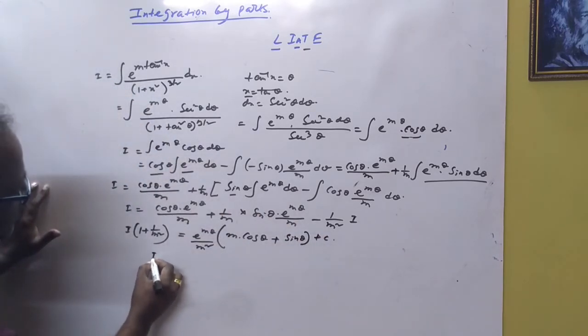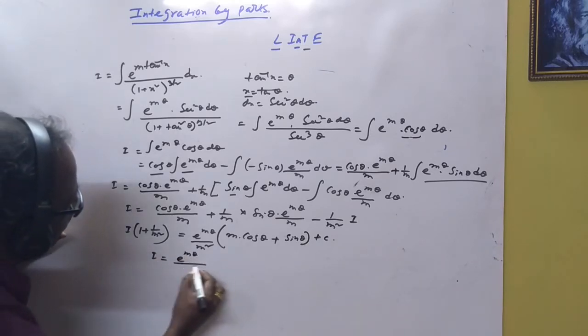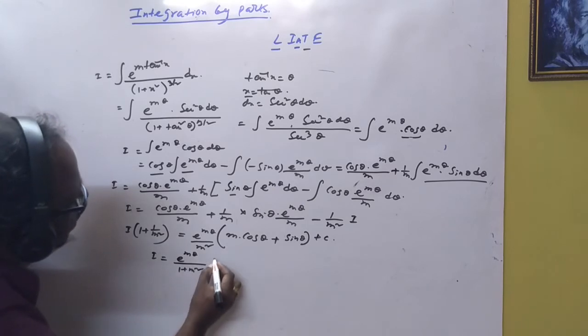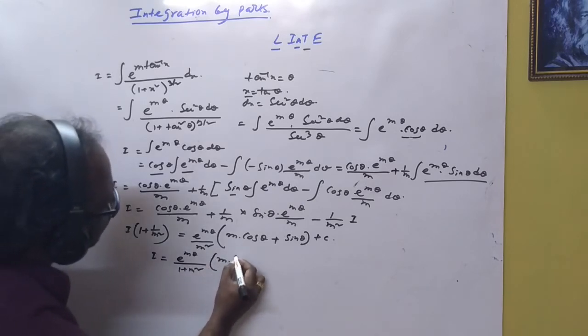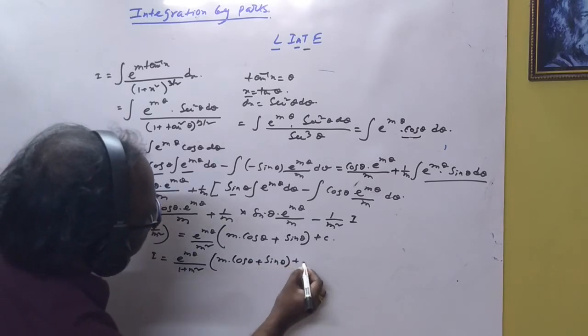And this I is equal to e to the power m theta by 1 plus m square, that is m cos theta plus sin theta, plus c.